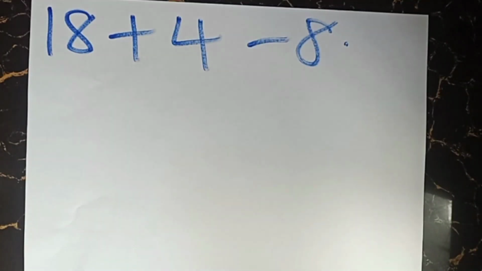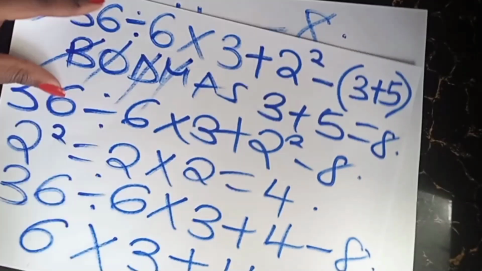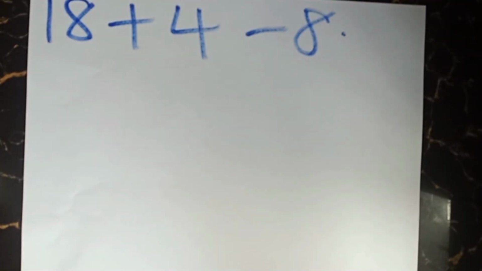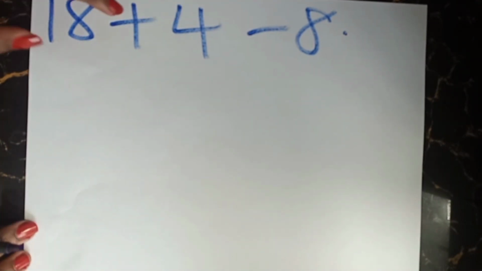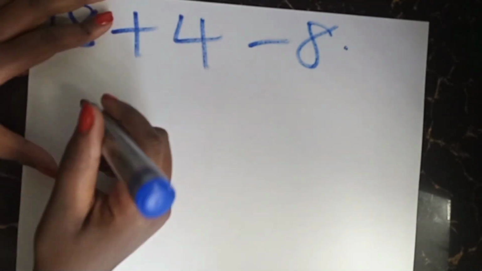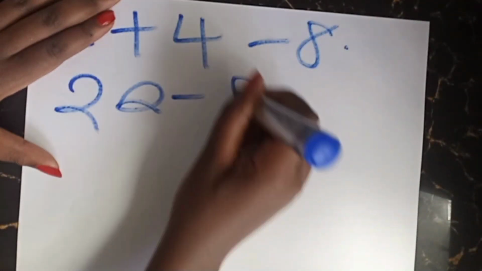Okay, yes, so we've done division and multiplication. Are we together? Yes. So now here we'll add and then subtract. So what is 18 plus 4? 18 plus 4 is 22, so we'll replace this with 22 minus 8.